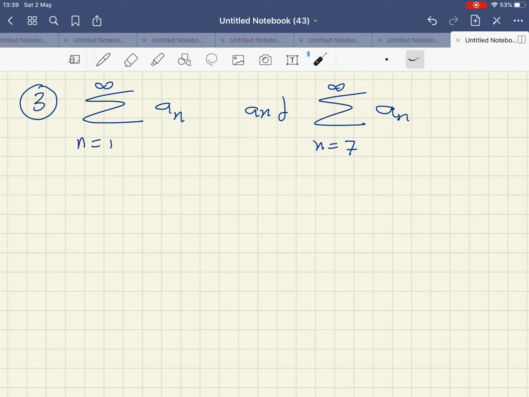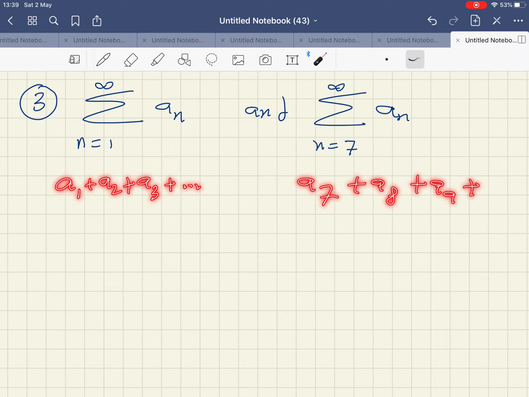Yes, exactly. The first one starts from n equal to 1. The second one starts from n equal to 7. So they are not the same series. Here, I start with a1, a2, a3 going to infinity, while here I start with a7, a8, a9. So definitely, they are not equal.